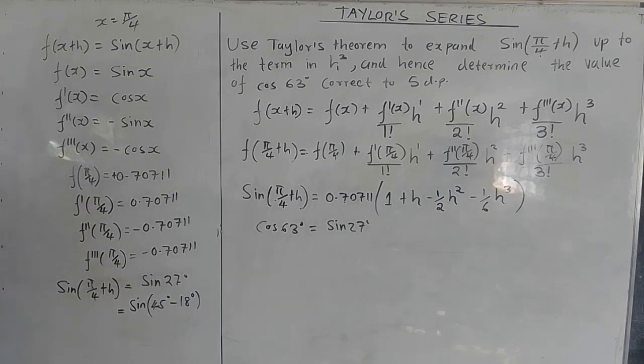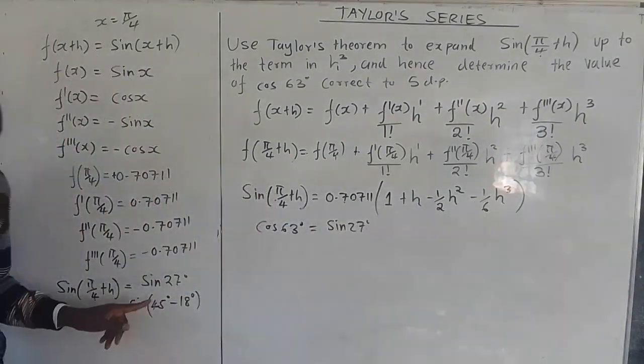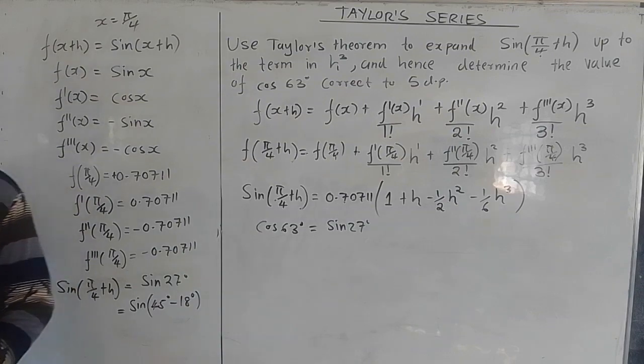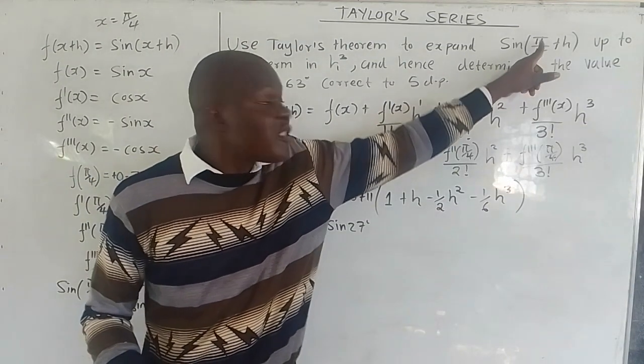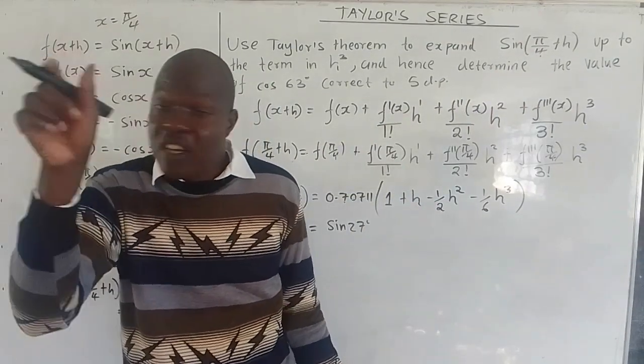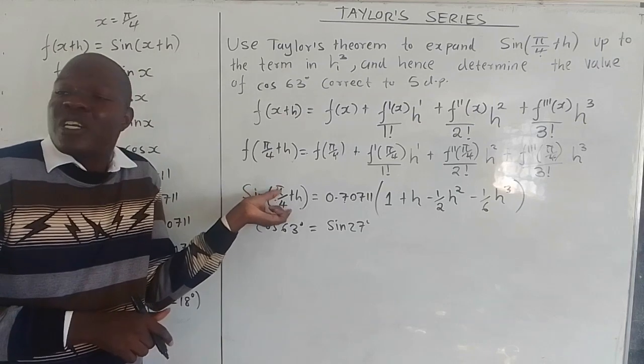Negative 18 degrees. Are you seeing the value of h? The value of h is what we need, so that when we substitute it here, we find sine 27 degrees. Because we already know x. The x we've been given is pi over 4, 45 degrees. This must just be 45 degrees.